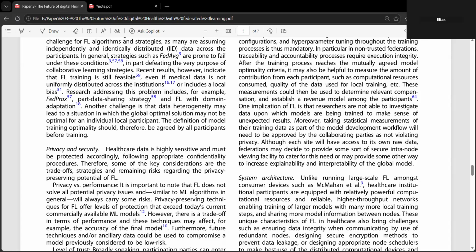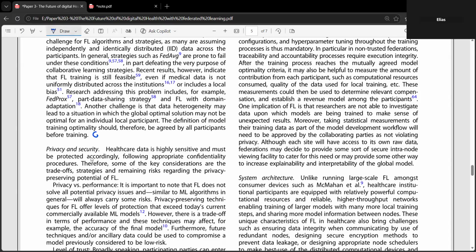And even worse than that, a malicious node can conduct something that is called a gradient ascent memorization attack. I'll just write it down in case you are searching about that. This is called gradient ascent memorization attack.